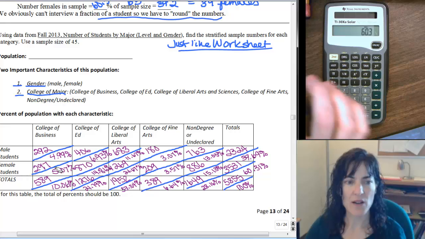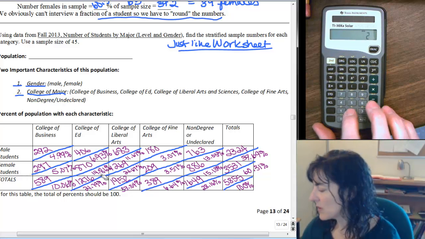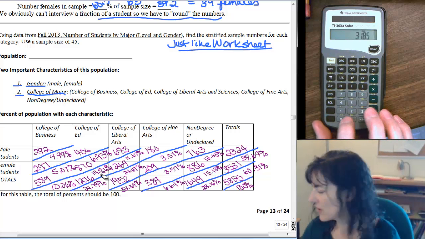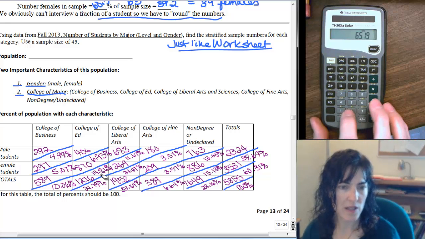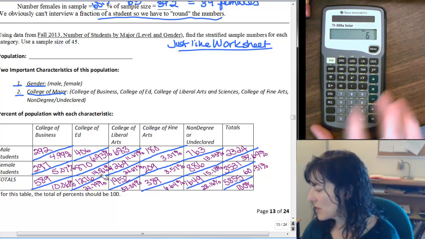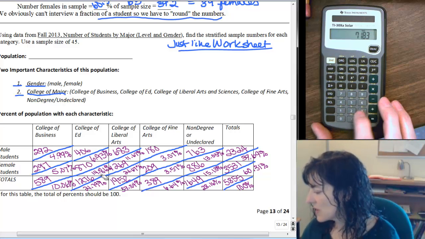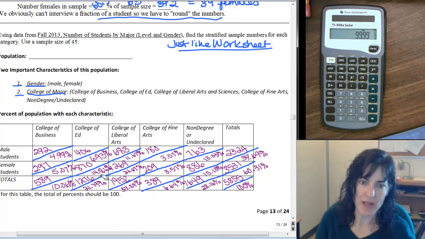So let's see. 10.06 plus 21.79 plus 33.34 plus 6.64 plus 28.16. And I get 99.99.